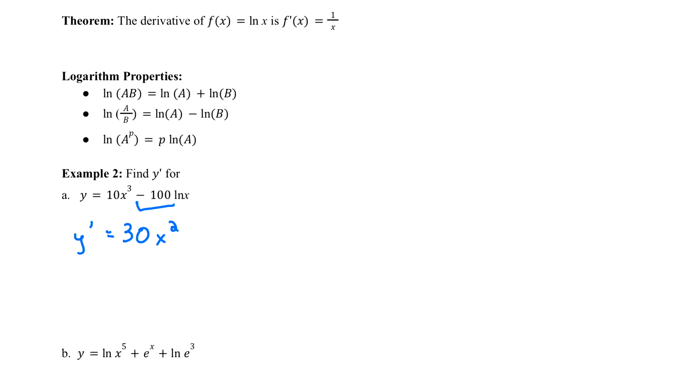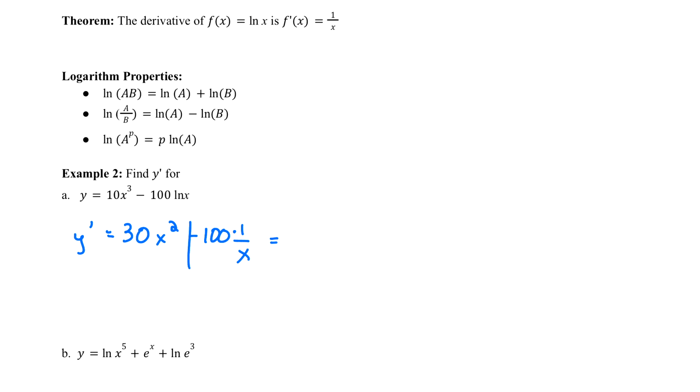Remember, this negative 100 is a constant multiple. So we take the derivative of natural log of x first, which is 1 over x, and then multiply that derivative by our constant multiple, negative 100. So I really have 30x squared minus 100 times 1 over x.